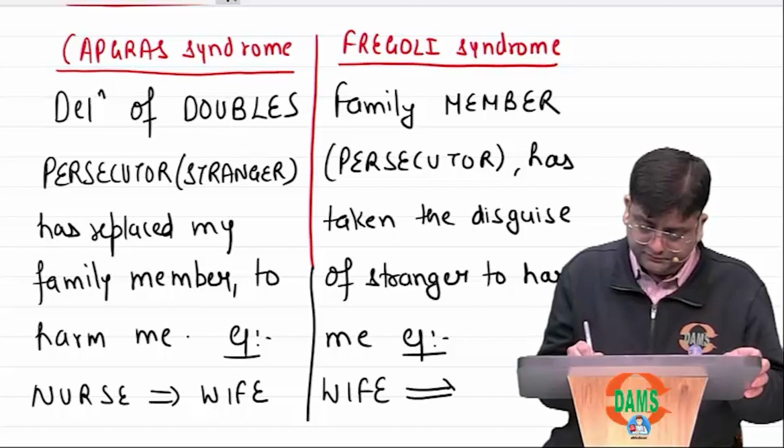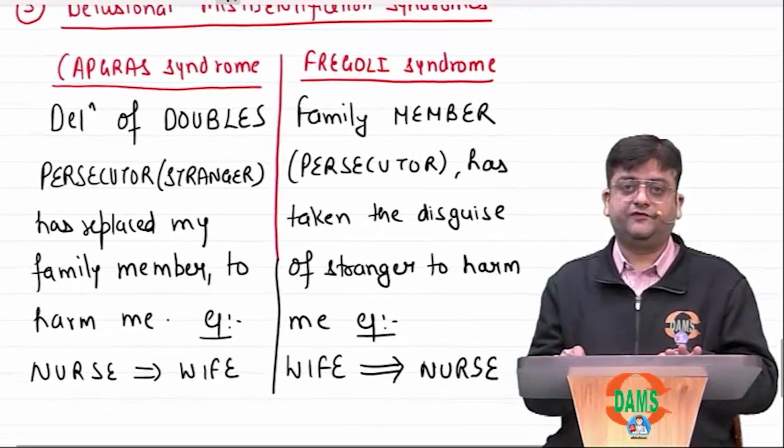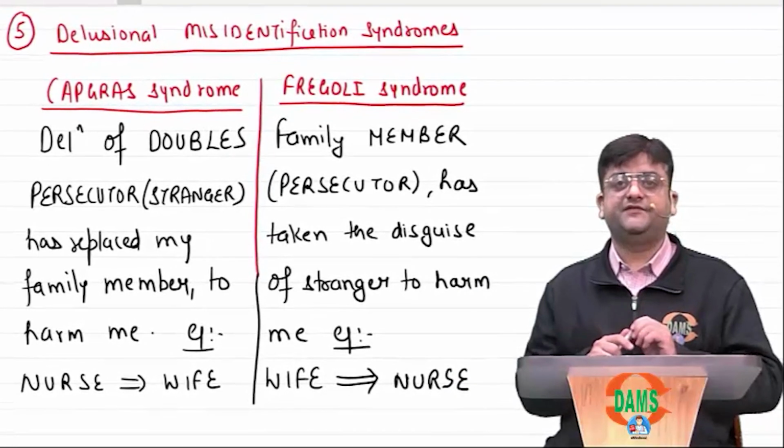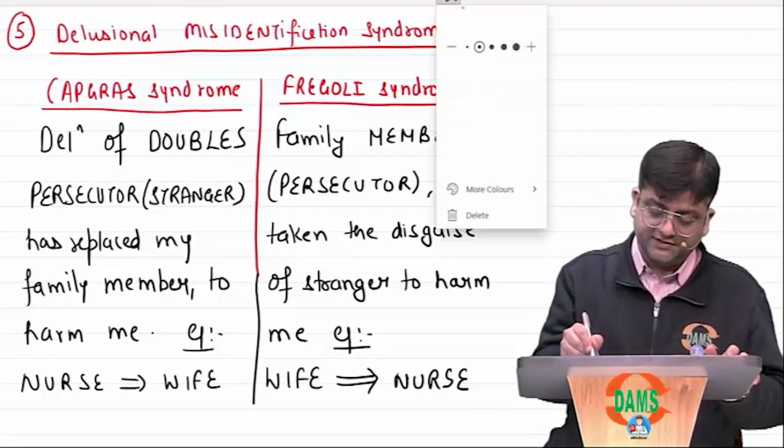Example, wife coming in the disguise of nurse. This is delusional misidentification syndrome. The catch is, who is the persecutor?